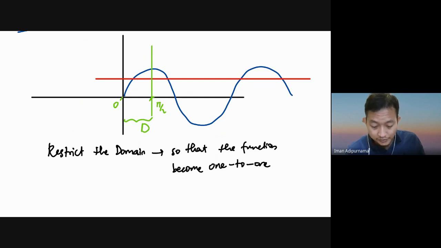Or to be precise, for sine, I think it's also okay if you restrict from here. Sorry. I think it's still okay. From minus pi over 2 until pi over 2 is still a one-to-one function.